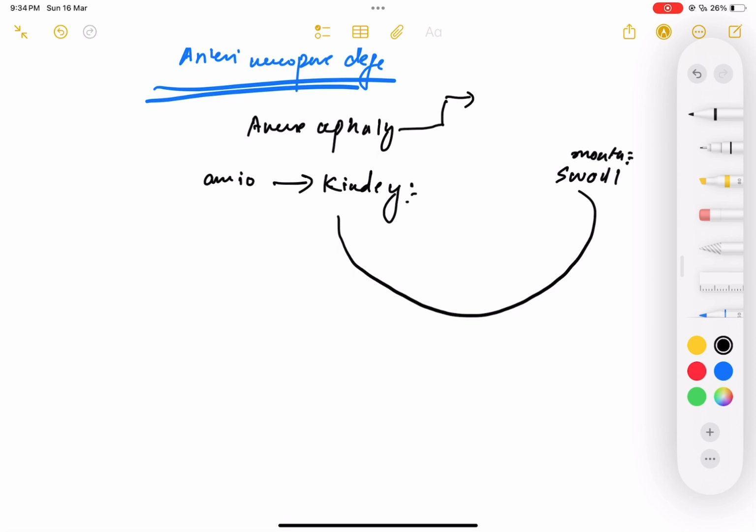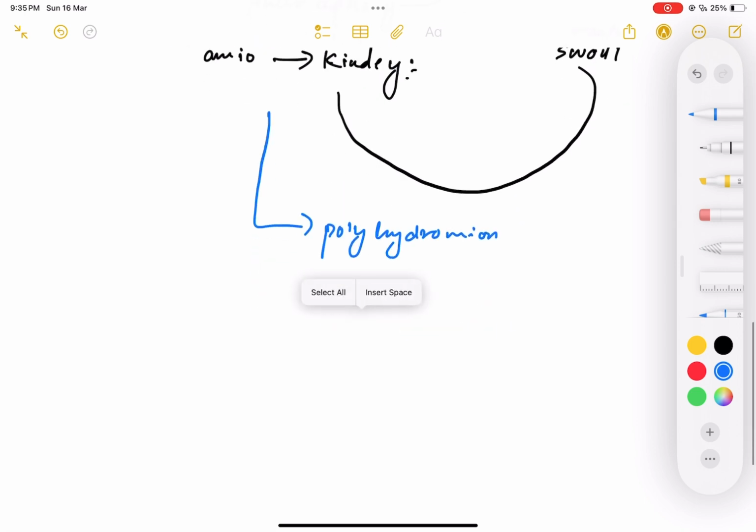So the baby cannot swallow the amniotic fluid, and it would end in a condition known as polyhydramnios, or a lot of amniotic fluid. Is that clear?